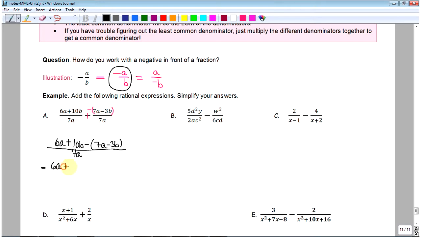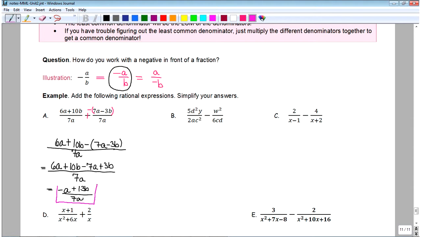So I have 6a plus 10b minus 7a plus 3b all divided by 7a. Combining our like terms, 6a minus 7a gives us a negative a. 10b plus 3b is 13b, and all of this divided by 7a. And that's our final answer.